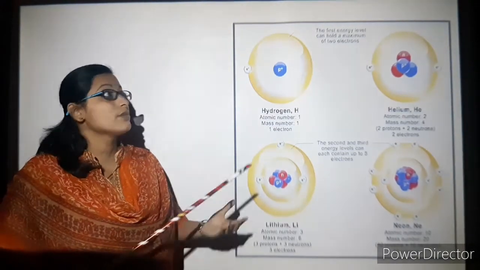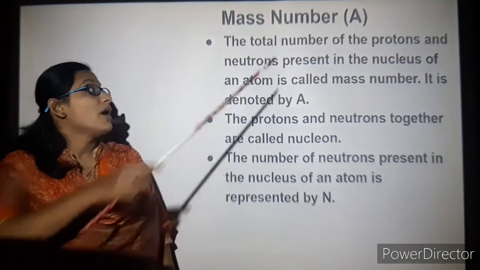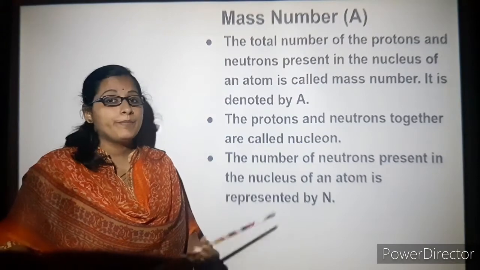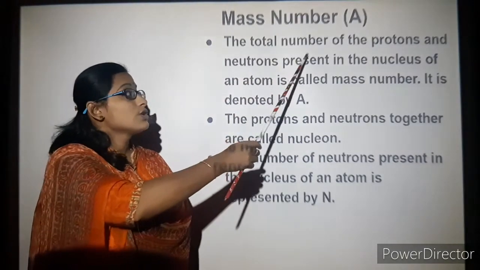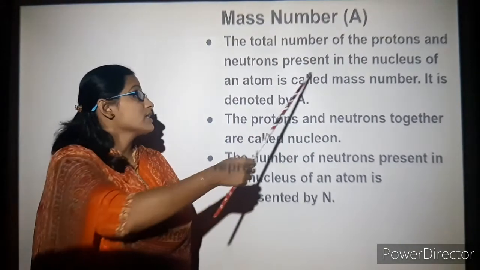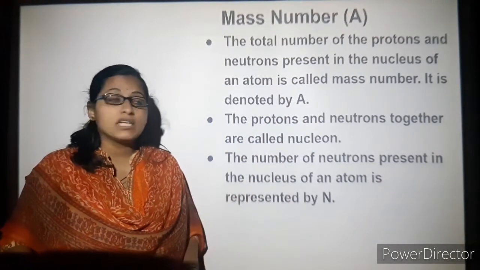So let's understand more about the mass number next. Mass number is symbolically represented as A. So here you can see that the total number of protons and neutrons, as I told before, present in the nucleus of an atom, is called the mass number.